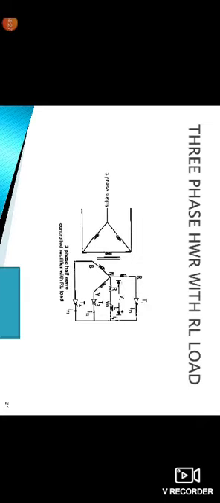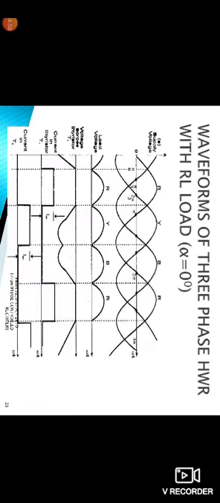There is a thyristor T1, the thyristor current is IT1, and there is a thyristor T2 with current IT2, and the thyristor T3 is indicated with IT3. Here the supply, RL load and three thyristors are used in the three phase half wave controlled rectifier with RL load.